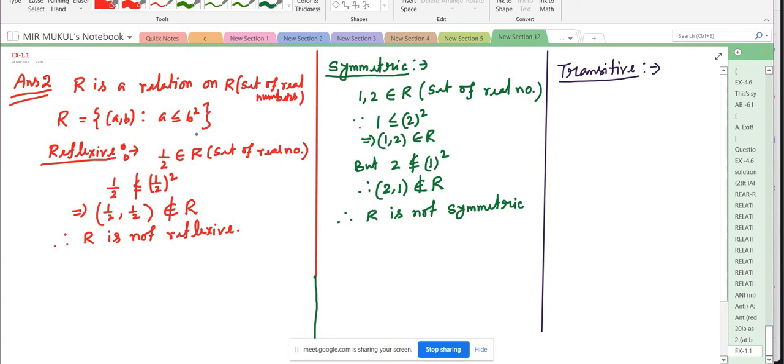Tell me, what is the value of 5 square? 25. So can you say 24 is less than or equal to 5 square?